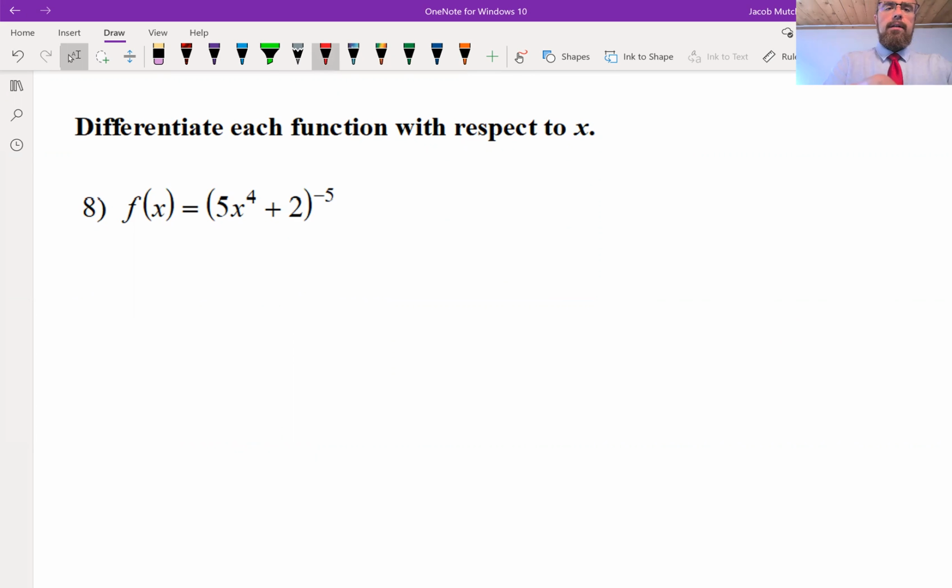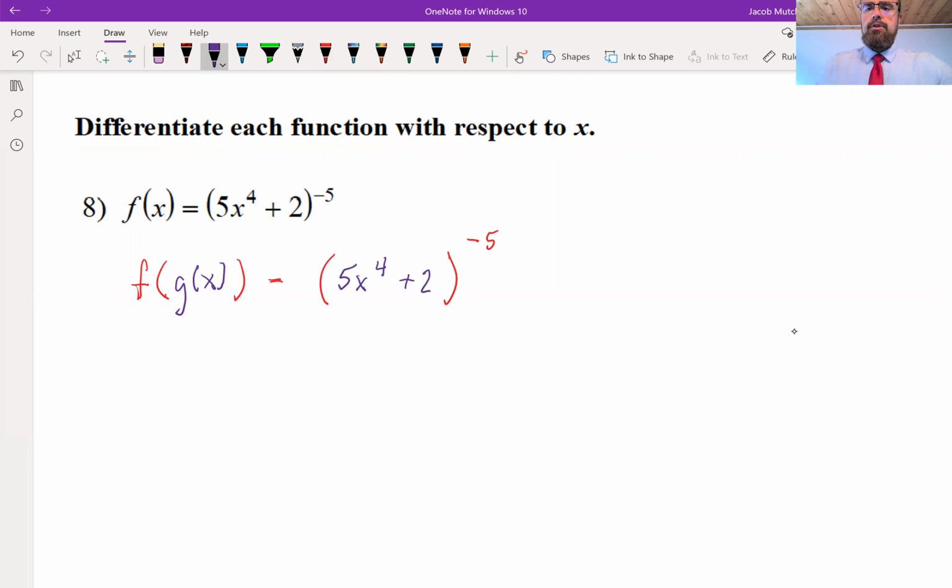To define this as a composite function, this is f of g of x. The f function is the larger parentheses to the power of negative 5. The g function is the interior polynomial, 5x to the power of 4 plus 2.